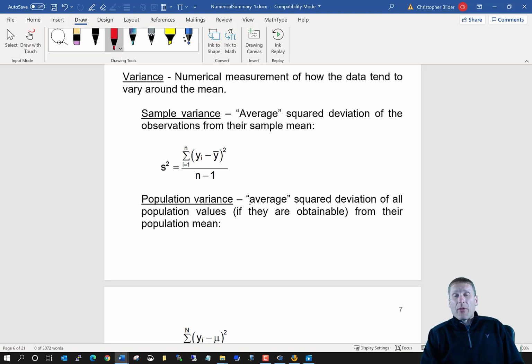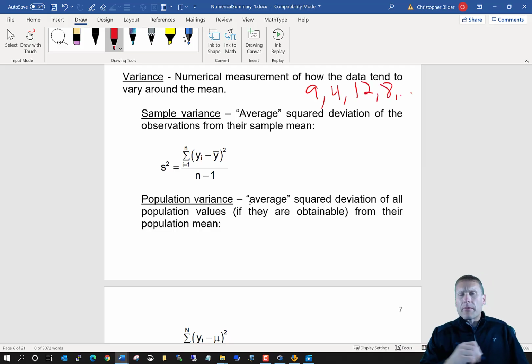So for example, this is an example that we'll get to later too. Let's say you're interested in the amount of time it takes you to get to class every day. Maybe one day it took you 9 minutes, another day 4 minutes, another day 12 minutes, another day 8 minutes, and so on. In statistics, we're very interested in the variability of these numbers.